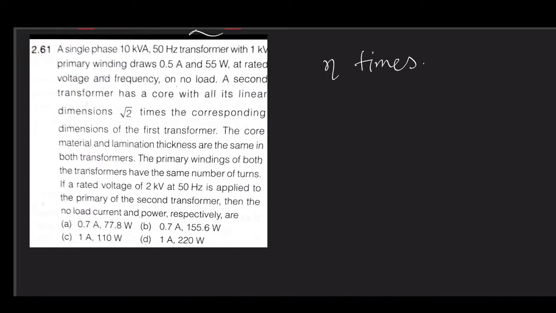So if you increase the dimension of the transformer n times without altering the number of turns, say for a 10 kVA transformer, here n is root 2. So my question is, if we increase all the linear dimensions by n times, then what would happen?